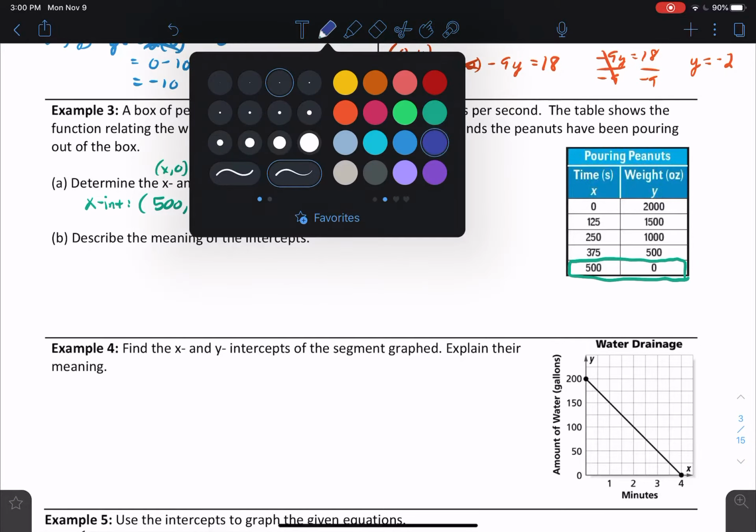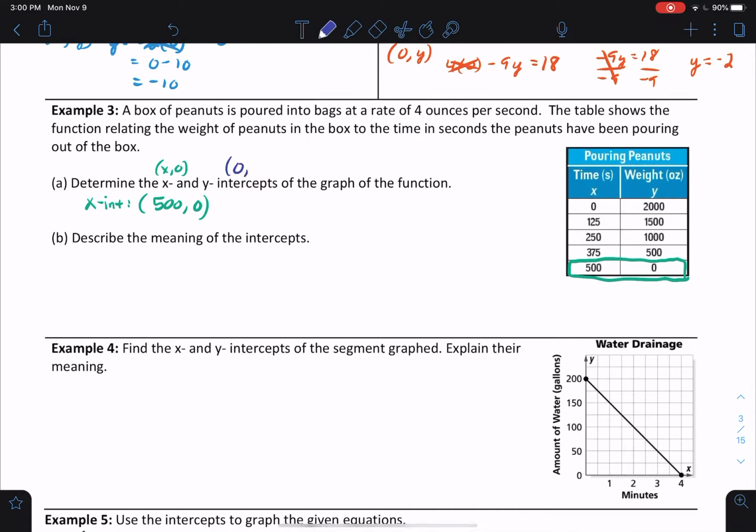Okay, the y-intercept has an x-coordinate of 0 because I'm just moving up or down. I'm not moving to the left or the right. All right, well notice that's right here in your table. The x-coordinate is 0. The y-coordinate is 2000. This right here is your y-intercept.